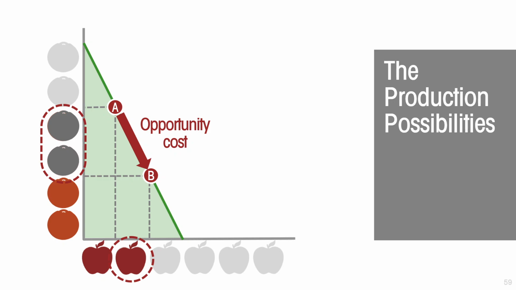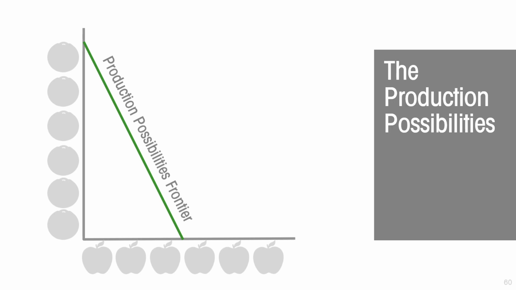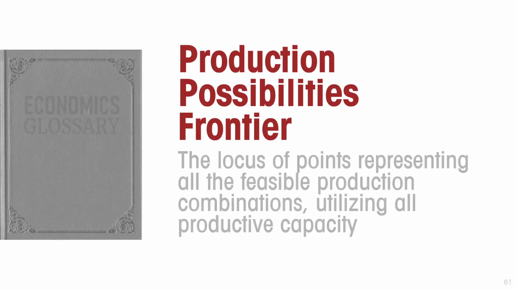And thereby, we see that the slope of the production possibilities frontier represents the opportunity cost of apples. So, the production possibilities frontier is defined as the locus of points representing all the feasible production combinations utilizing all productive capacity.